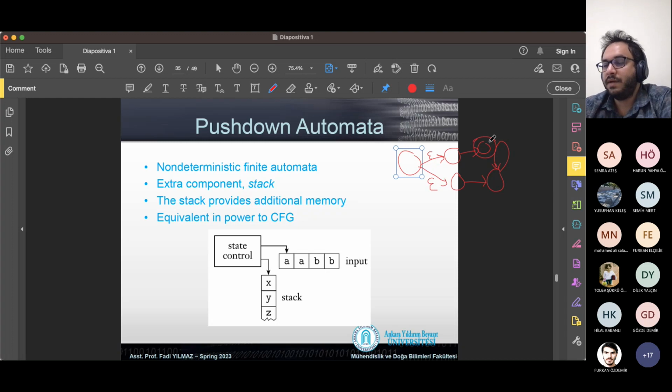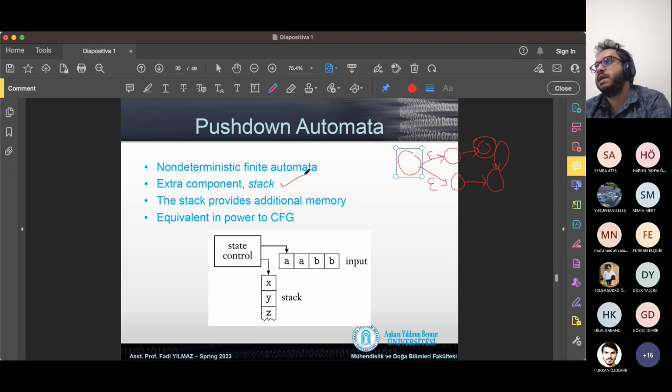The pushdown automata has an extra component called a stack. It has memory, which is not something obtained by non-deterministic finite automata. NFAs don't have memory, or they just have very limited memory to remember the input symbols, and that's it.